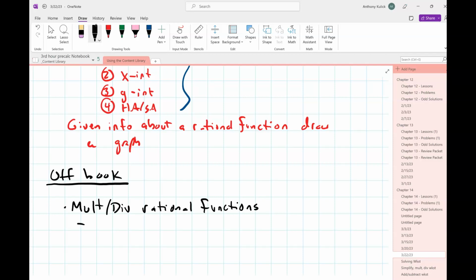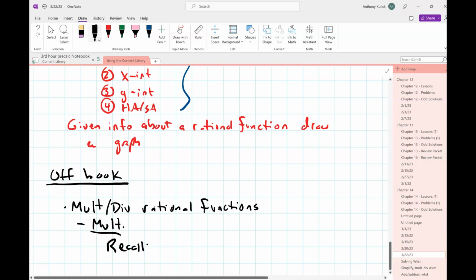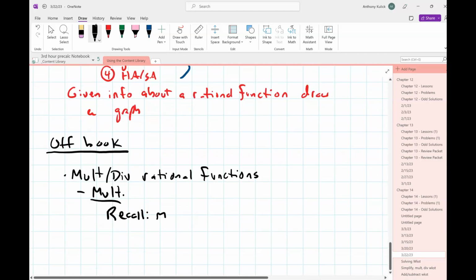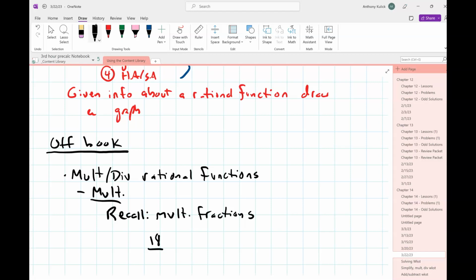So let's start with multiplication. And we're going to take us back to elementary school and just remind ourselves how we multiply fractions together.